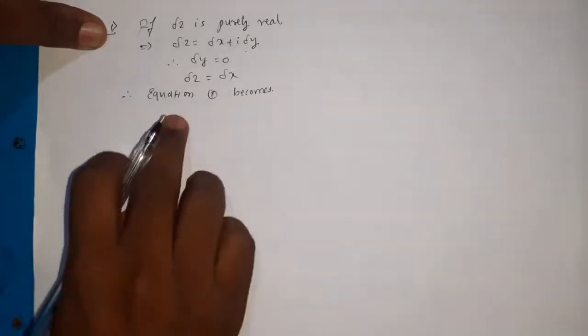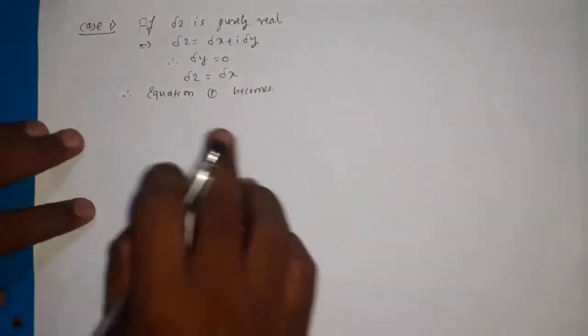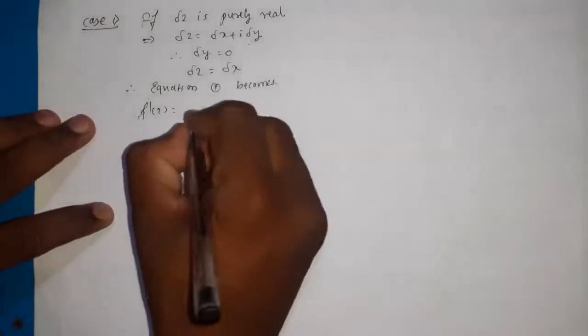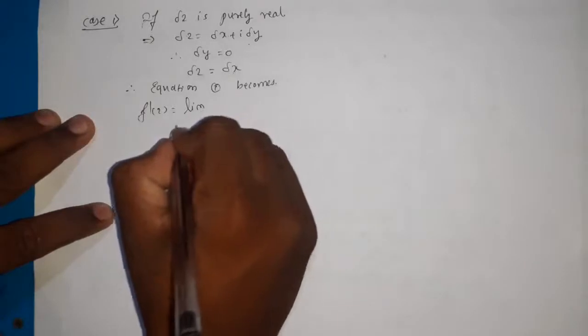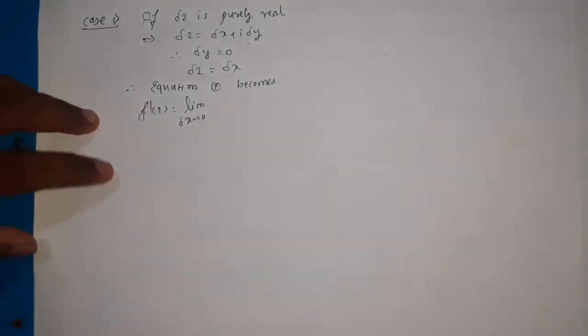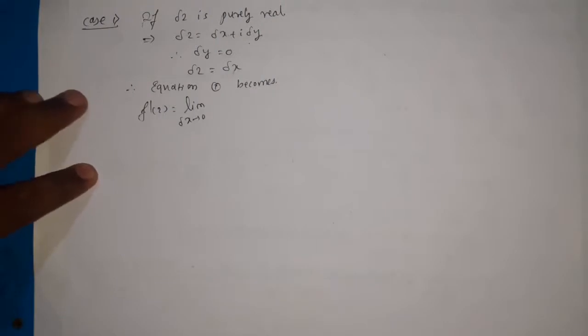by applying this condition, the equation 1 becomes f dash of z is equal to limit as delta x tends to 0, because delta z equal to delta x.